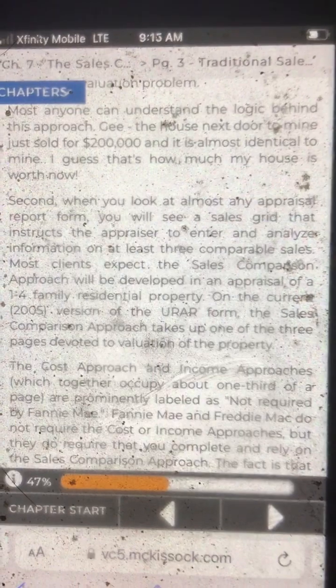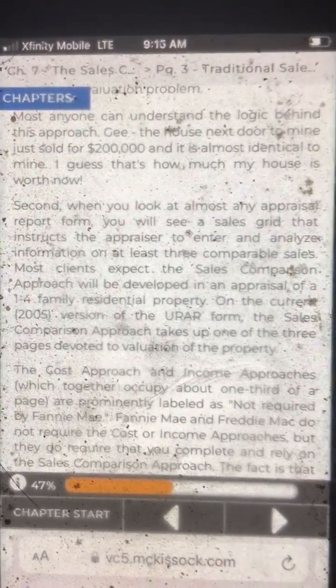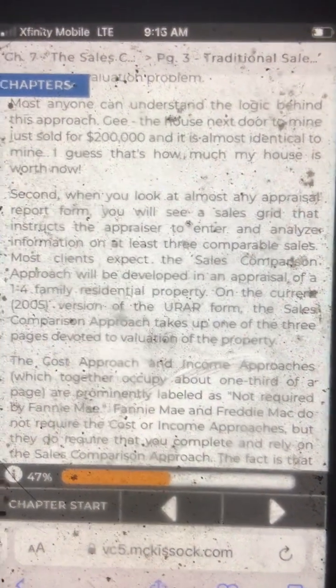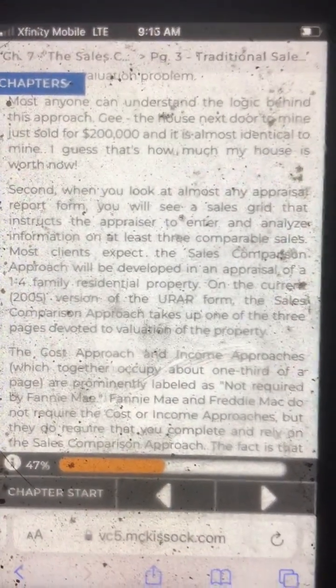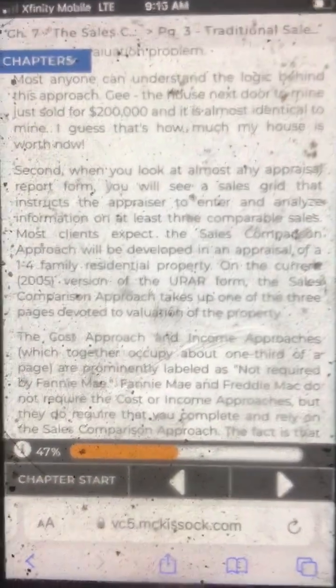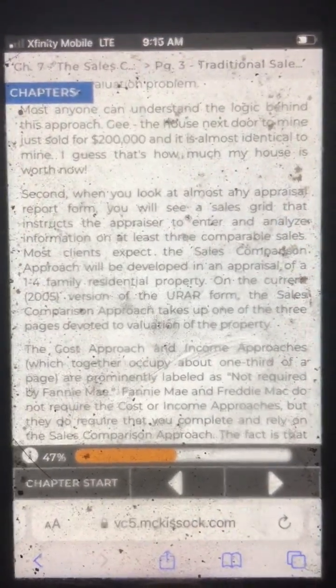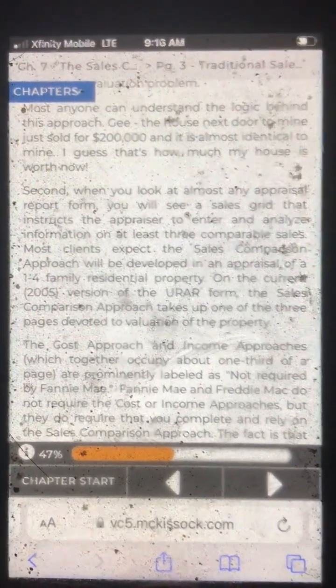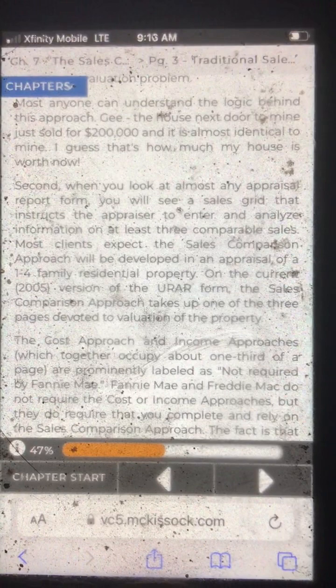Second, when you look at almost any appraisal report form, you will see a sales grid that instructs the appraiser to enter and analyze information on at least 3 comparable sales. Most clients expect the sales comparison approach will be developed in an appraisal of a 1 to 4 family residential property.